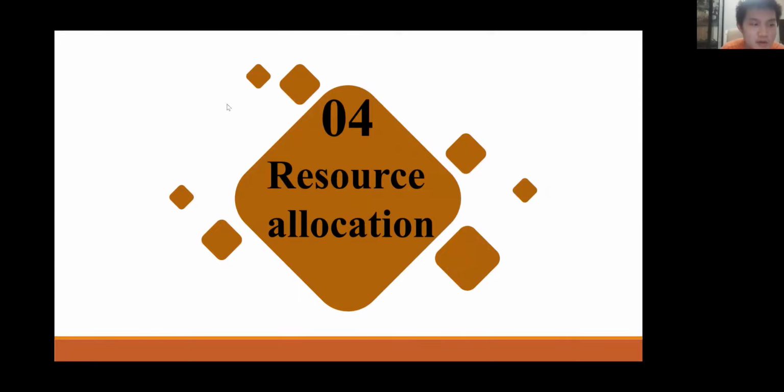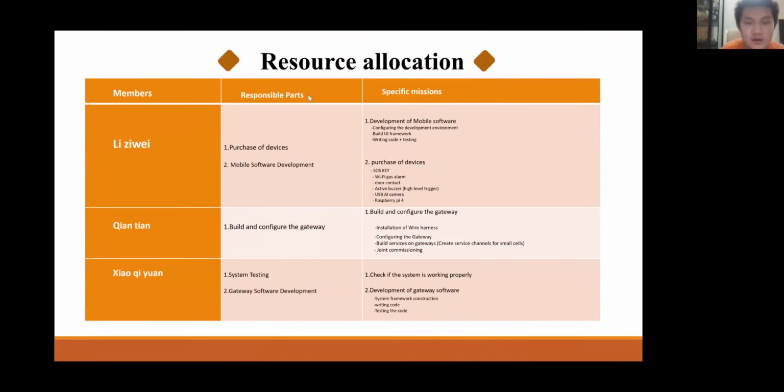Okay, for my part, I will introduce the tasks our group worked on. First, I will talk about the leader, Li Ziwei. He built the mobile software development, configured the development environments, built a UI framework, and also wrote and tested code.